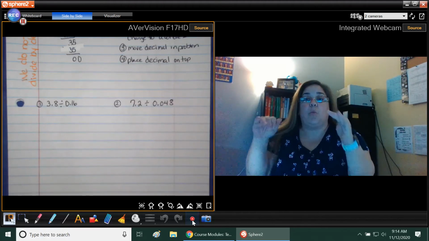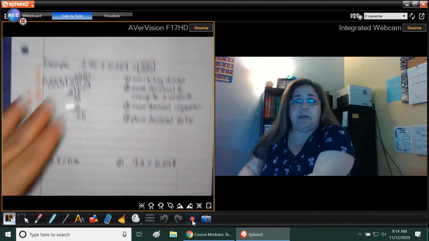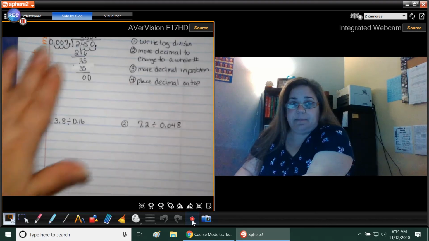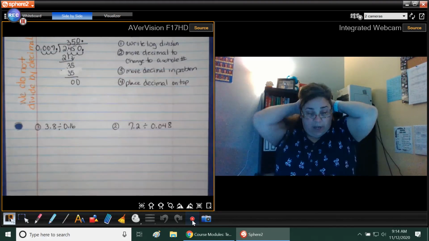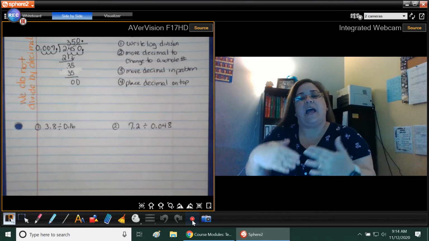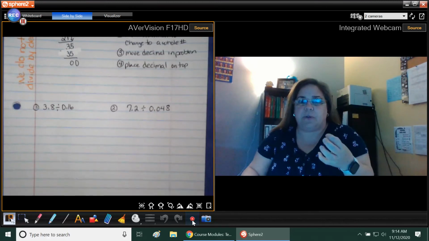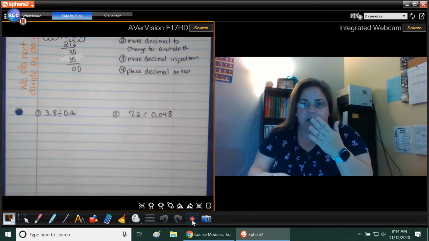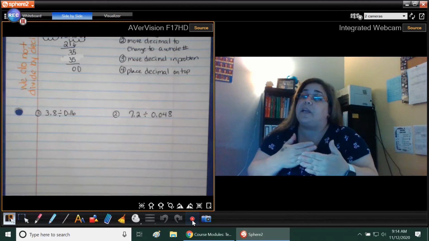Once you've paused it, try and work them out. Try and follow the steps we did in the example up here. Remember, this is an example for you to follow. Follow the steps, see how you do. And then when you come back, we'll work it out and see if you followed the steps correctly. This is a good opportunity to check and see if you have understood what I've taught you. If you haven't, hopefully you'll see the step where you made the mistake.